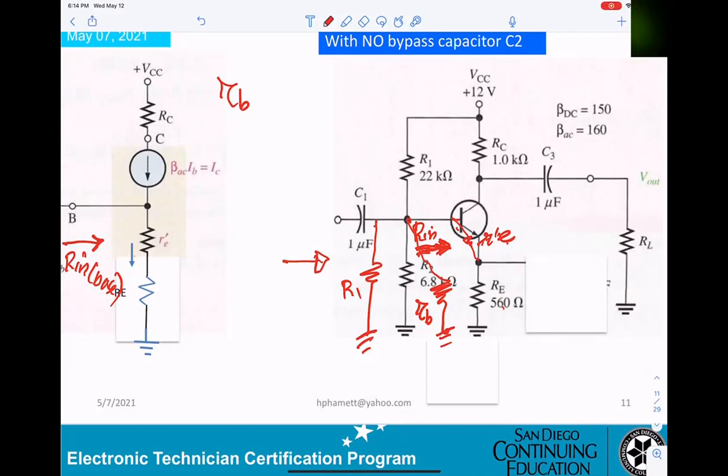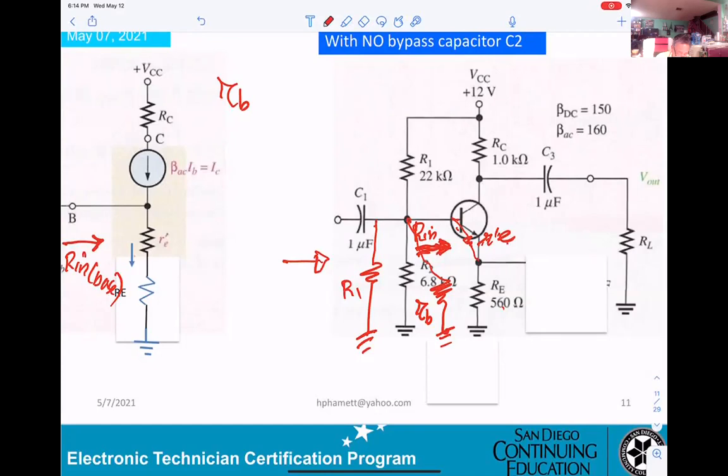So what you're saying then is little r, little b in parallel with R prime E in parallel with RE. Now, R prime E and RE are in series, so little r, little b is in parallel with those other two.